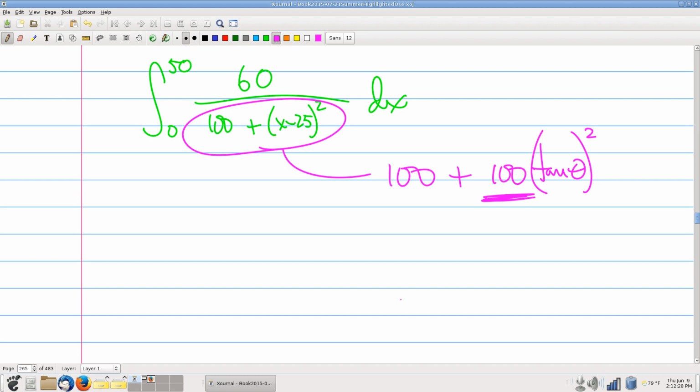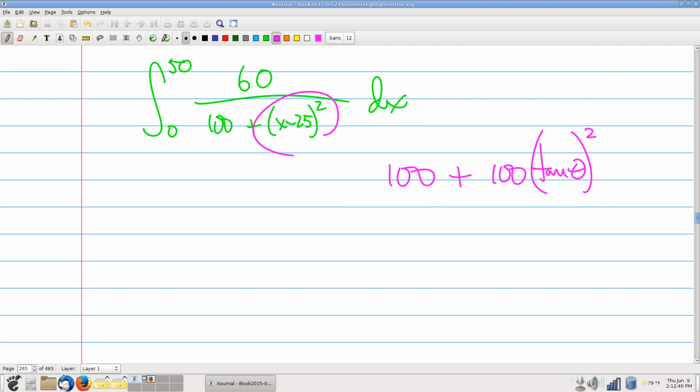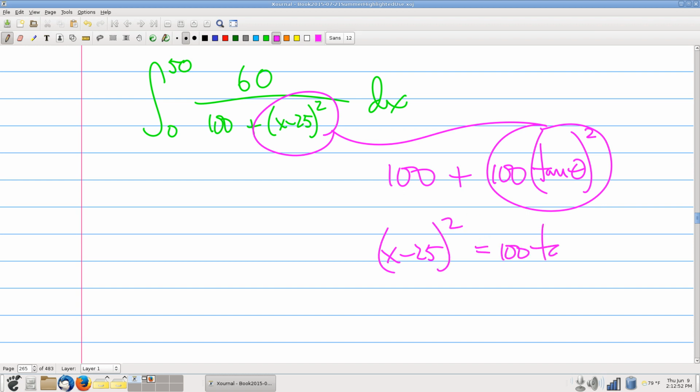So let's do that. In order for me to get my wish, I've specifically got to let that equal that. So I need x minus 25 squared to equal 100 tan squared theta, which I can arrange if I let x minus 25 equal 10 tan theta.